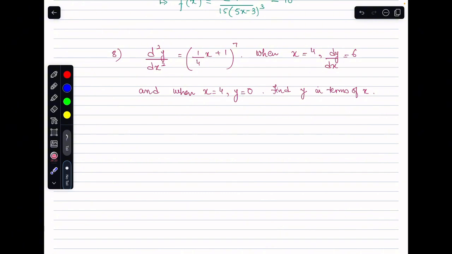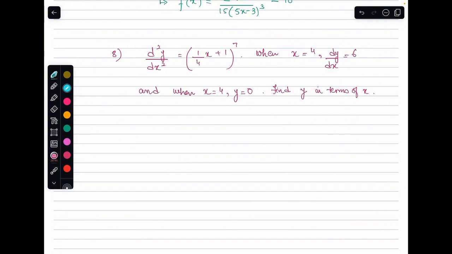So there are two conditions for x value to be 4: the gradient, which is a 6, and the y coordinate, which is a 0. So find y in terms of x. And they have started with the equation with respect to the second derivative.